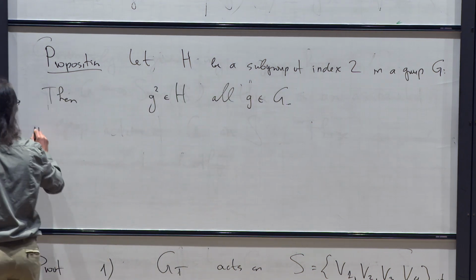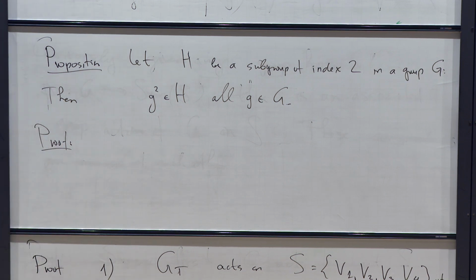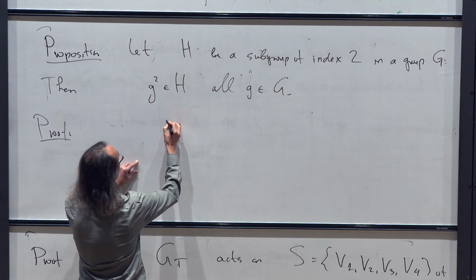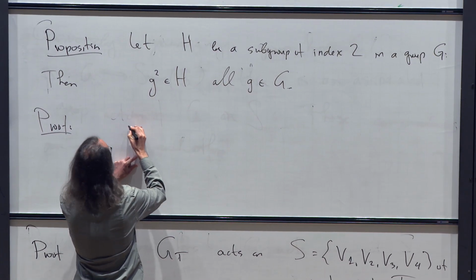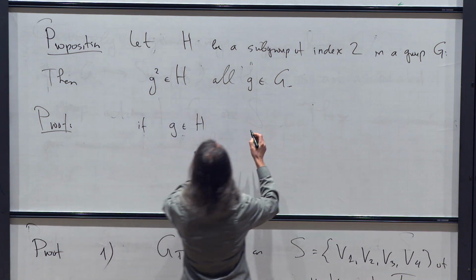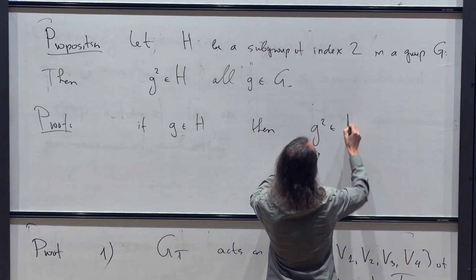Okay, let's prove it. Well, if g is already in H, we are done, yeah? Then of course g squared is in H, and we are done.